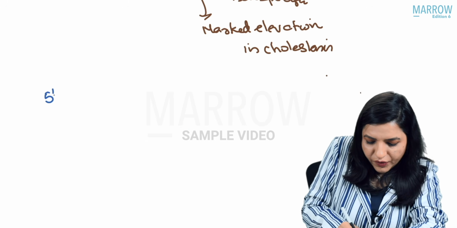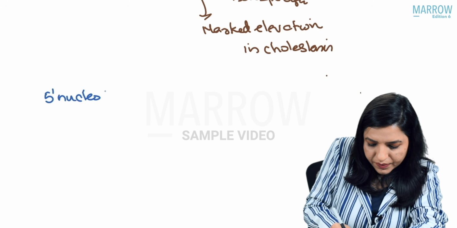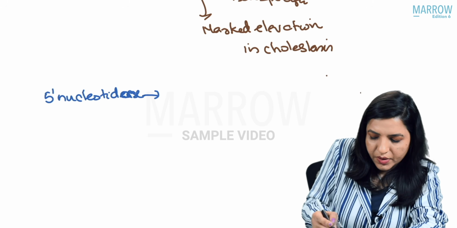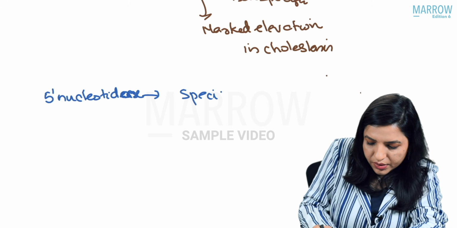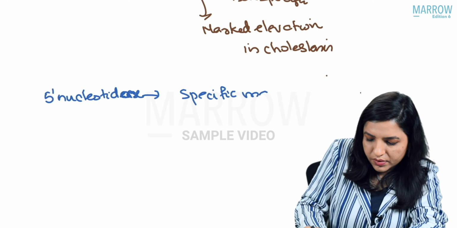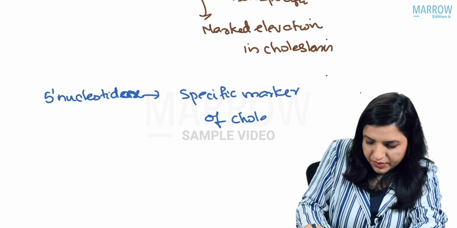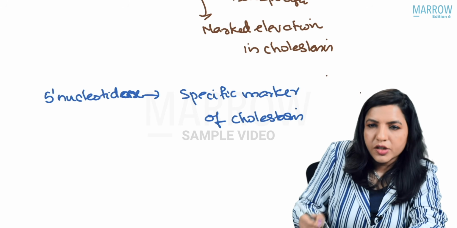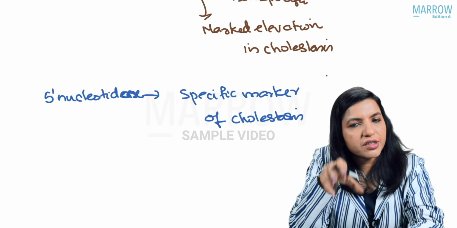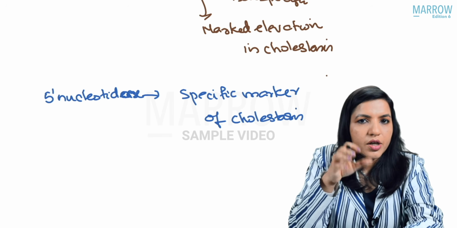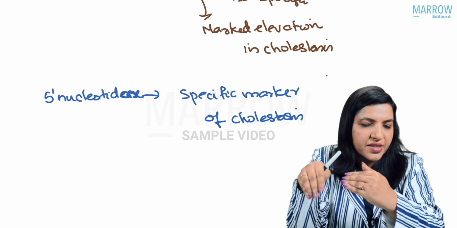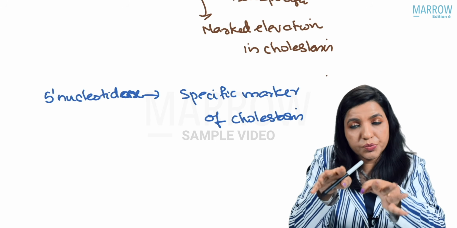Okay, about 5' nucleotidase: it is a specific marker of cholestasis. So if a question on cholestasis gives all the clinical features, and both ALP and 5' nucleotidase are among the options, then what should be your answer?